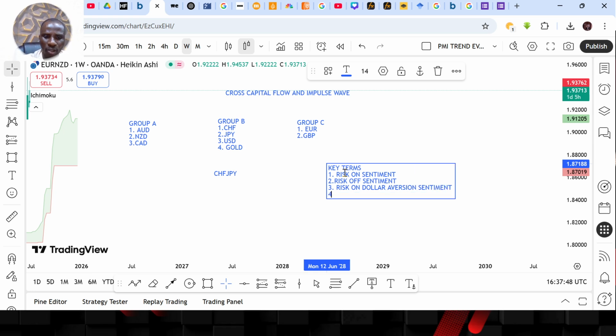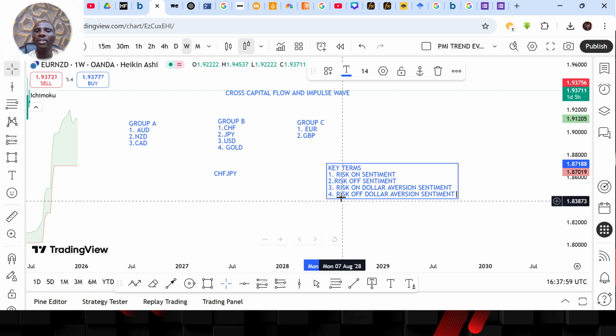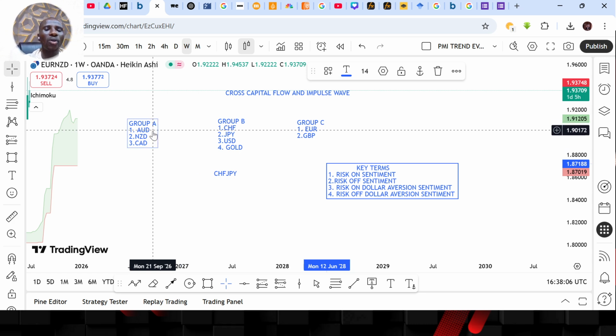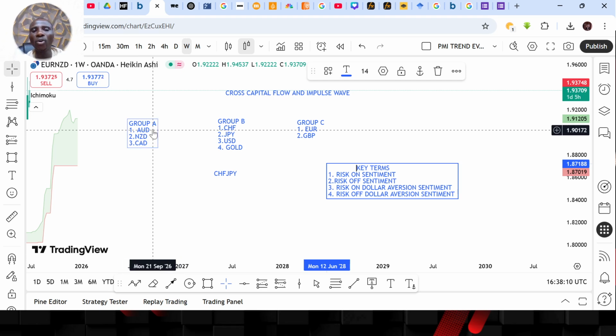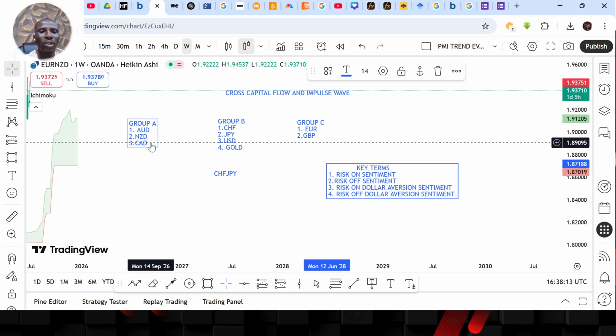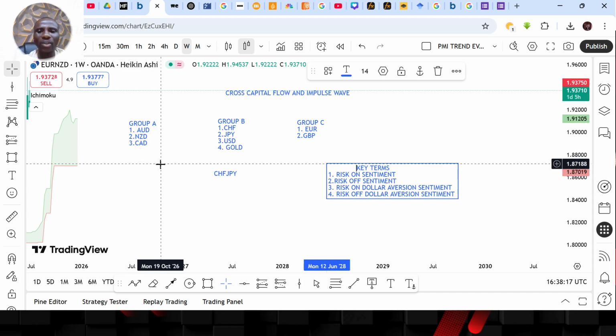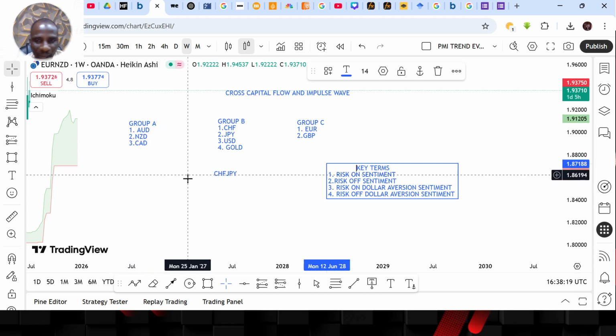Then number four, you talk of risk off dollar aversion sentiment. These key terms are very important in this discussion, because when you pick a currency from group A, you must understand the likelihood of capital flowing into that currency or flowing out of that currency, depending on the tone of risk in the market.